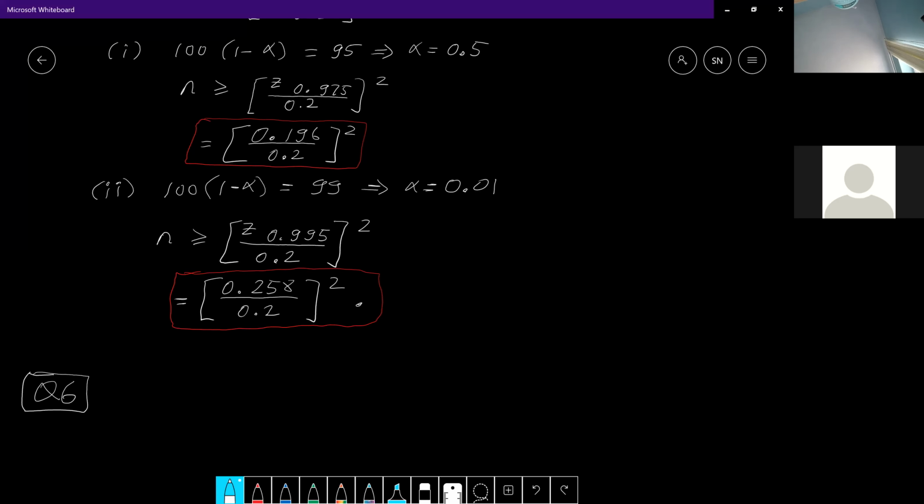So here we are looking for a 98% confidence interval for both the population mean and population variance.